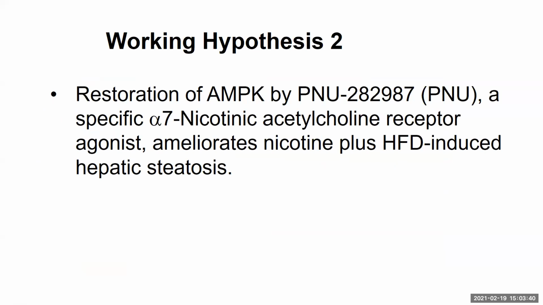We found that this compound, PNU 282987, a specific alpha-7 nicotinic acetylcholine receptor agonist, actually restores AMPK. So our hypothesis was: is it possible that restoration of AMPK by PNU ameliorates nicotine plus high-fat diet-induced hepatic steatosis?